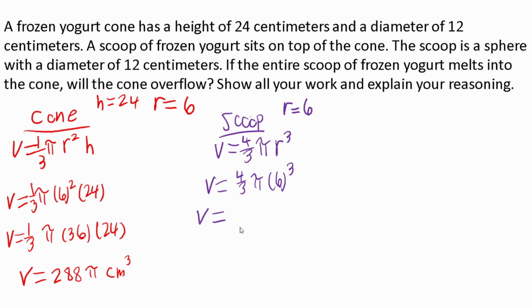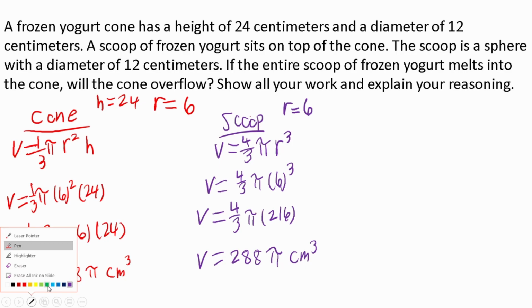So now we have 4/3 pi 216, and we can multiply 4/3 times 216, which will give me 288. And we might notice something here. It gives me 288, which is exactly the same. So no, it will not overflow because they are the same volume.